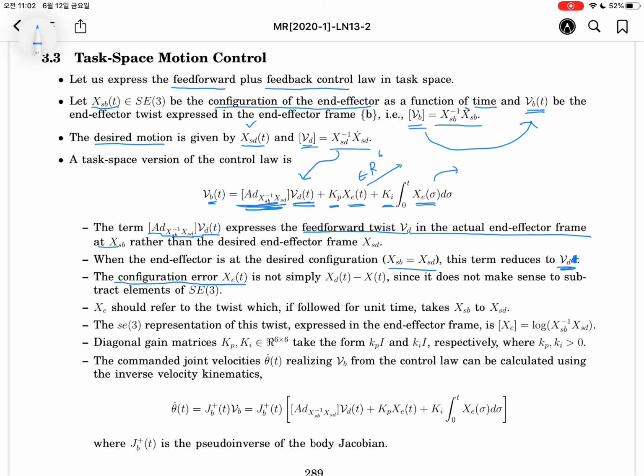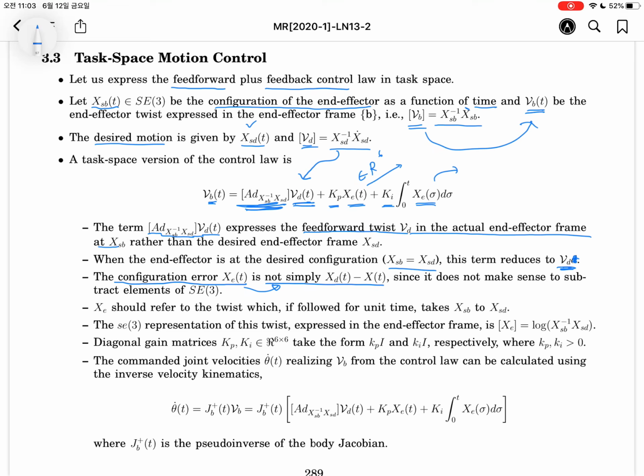I'm sorry, the computation error XE. Let's consider the computation error XE. It is not a simple subtraction, because homogeneous subtraction does not imply anything.